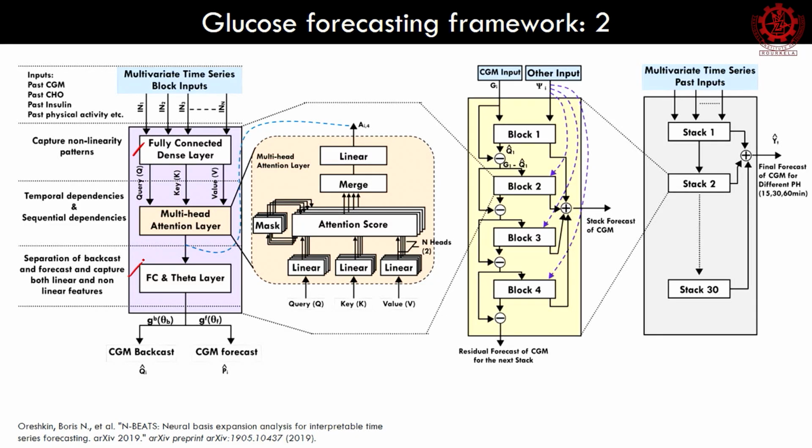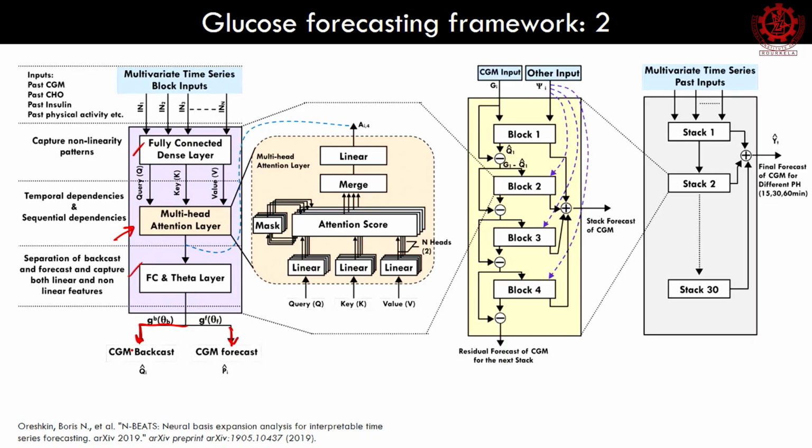Okay, in order to enhance the MARD, let's say we are using this for glucose forecasting, we want the forecast to be as accurate as possible, as close as possible to the actual one. We started using a multi-head attention layer. So this is where we did some changes from our own side, where we incorporate this multi-head attention, and then we developed this backcast and forecast.